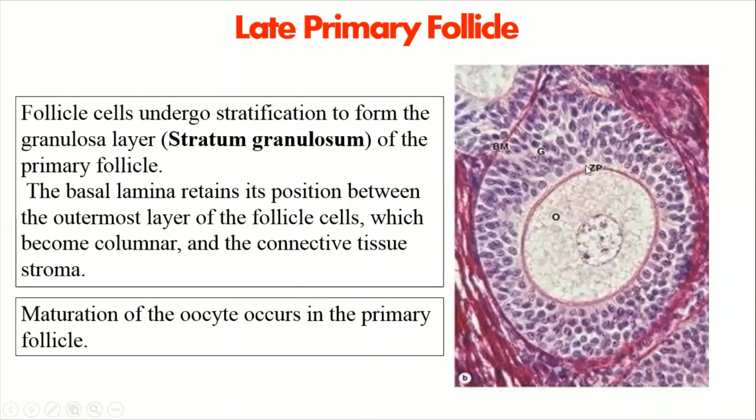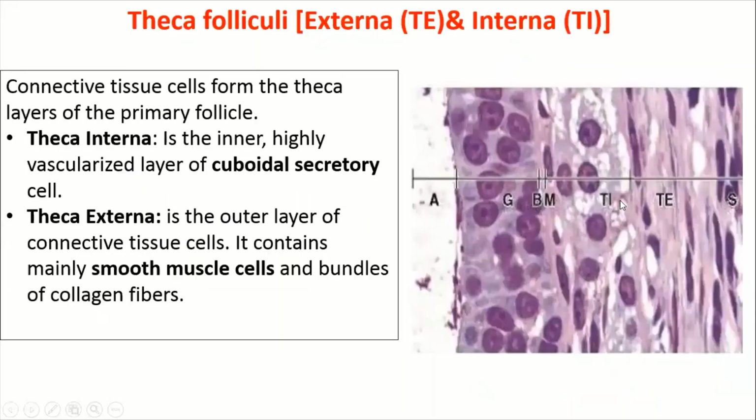This is the oocyte, and this is the nucleolus. This is your granulosa cells, in a higher power picture. These are stromal cells. The stromal cells and fibers just outside the granulosa cells form the theca interna, which is the inner, highly vascularized layer of cuboidal secretory cells. After that, you can see the elongated nuclei.